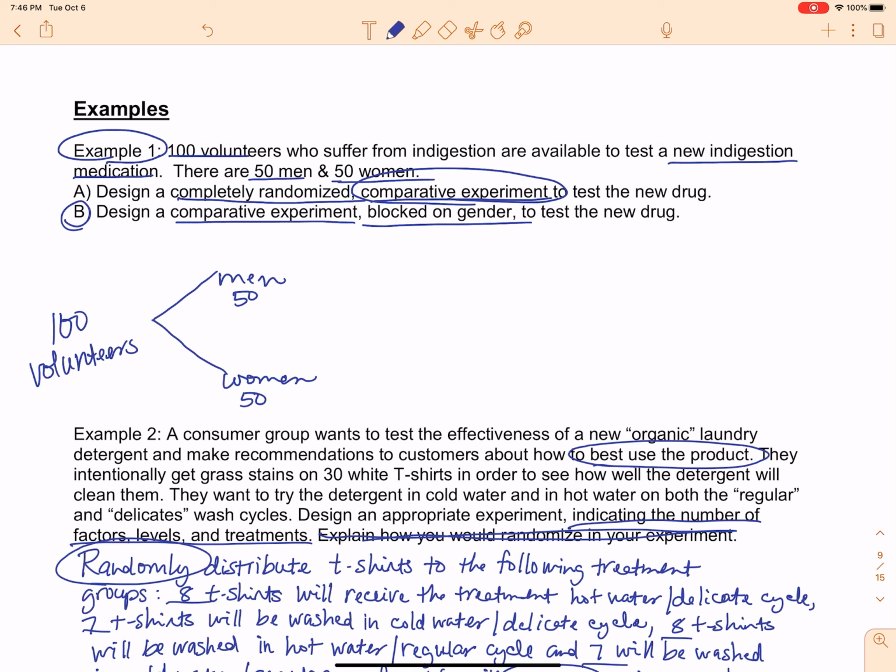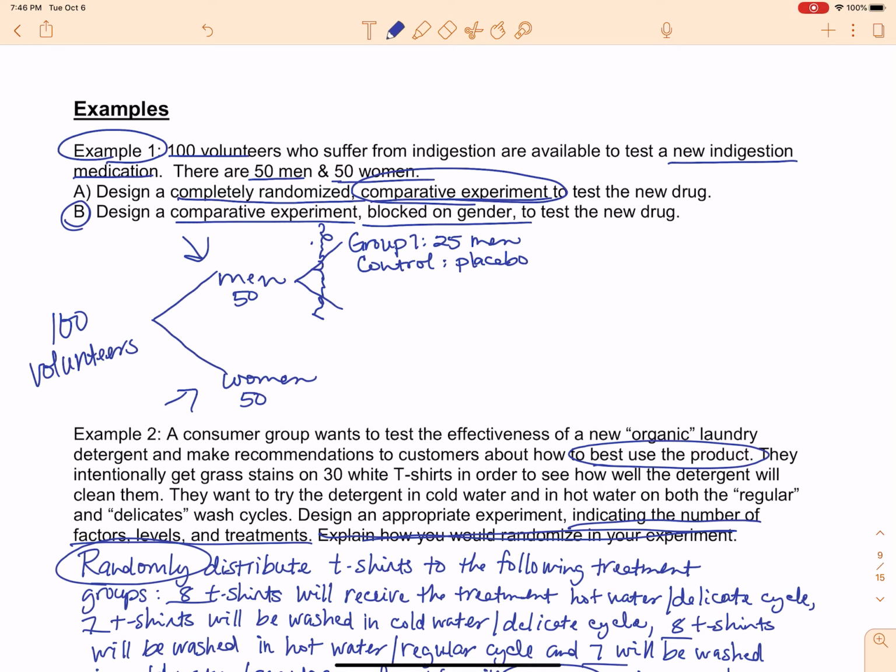Once you get them into separate blocks, a block of men and a block of women, I create within each block a comparative experiment in which I randomly place them into the treatment groups. Group 1 consists of half the men, so 25 men, and they are my control group and receive the placebo.